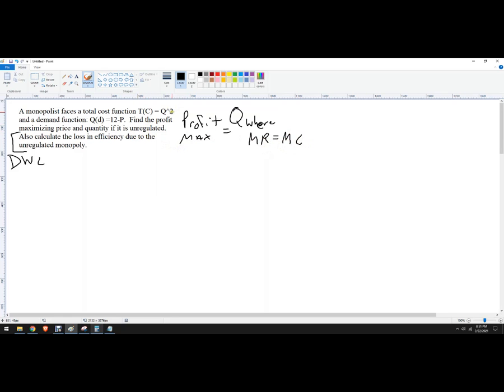Okay. So marginal cost is the partial derivative with respect to Q of the total cost function. I'm just going to take that derivative, so that's going to be 2Q. That's the marginal cost there.